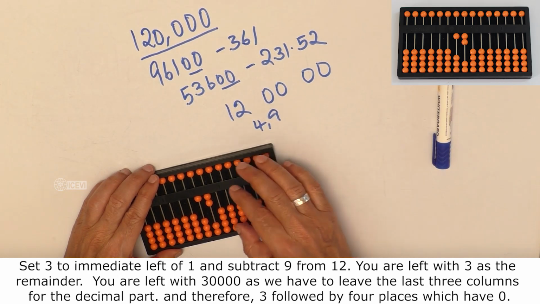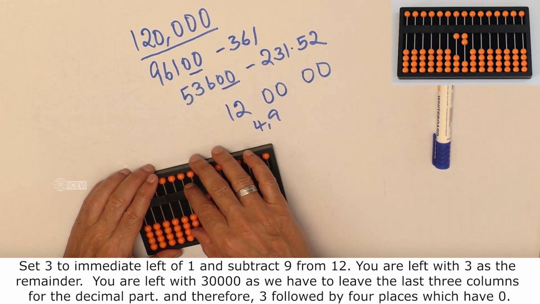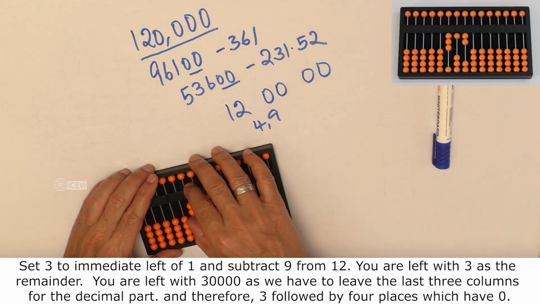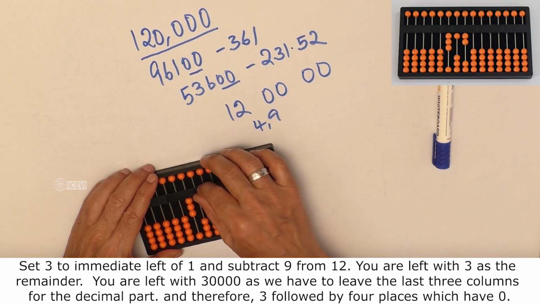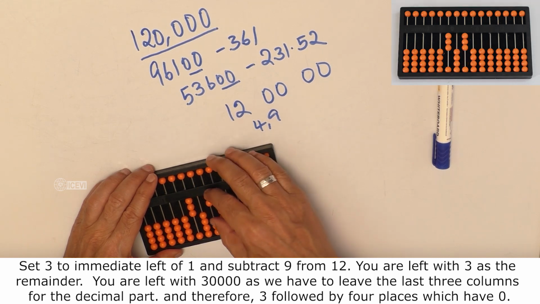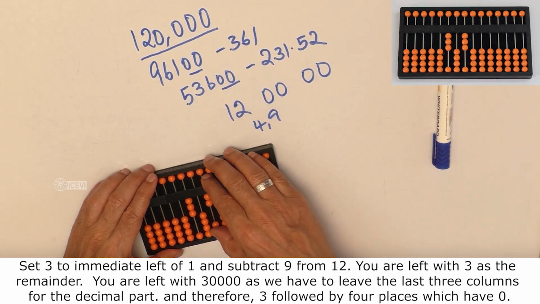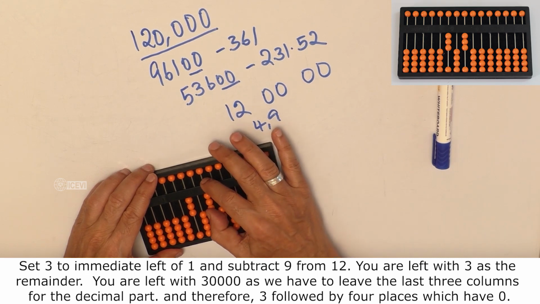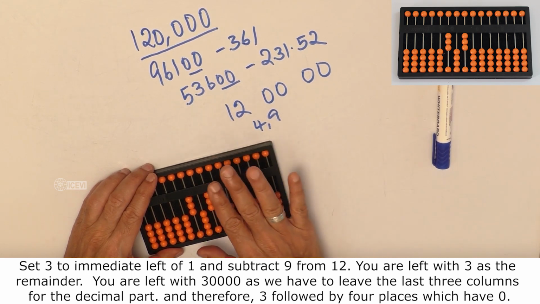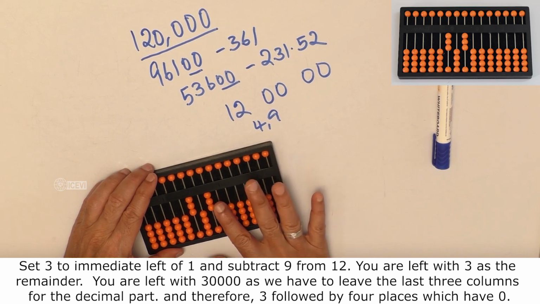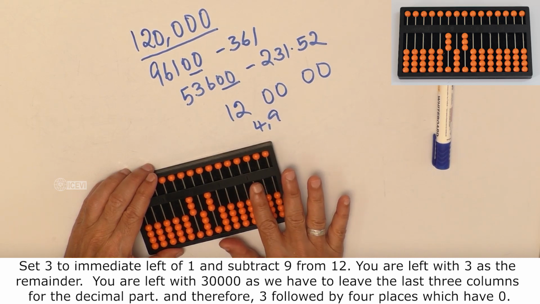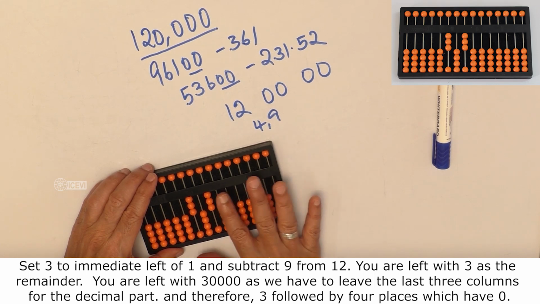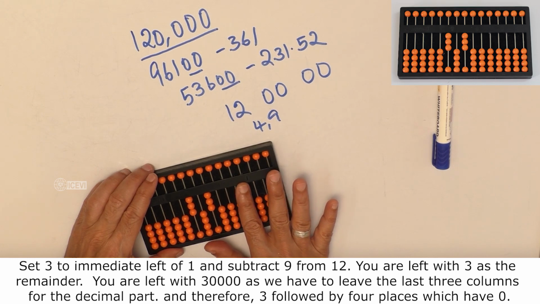Set 3 to the immediate left of the number 1 and subtract 9 from 12, which is giving 3 as the remainder. Now you are left with 30,000, as we have to leave the last 3 columns for the decimal part, and therefore 3 followed by 4 places which have zeros.